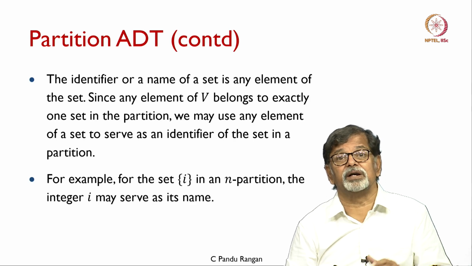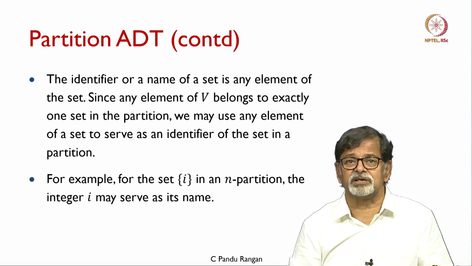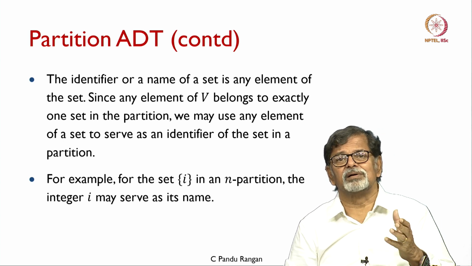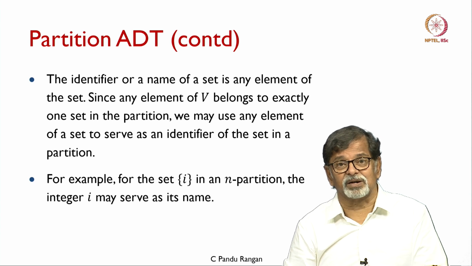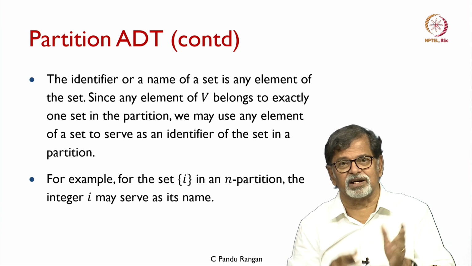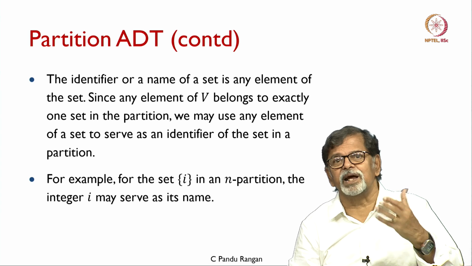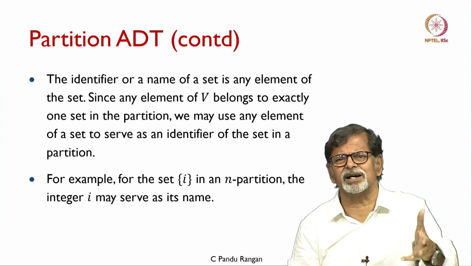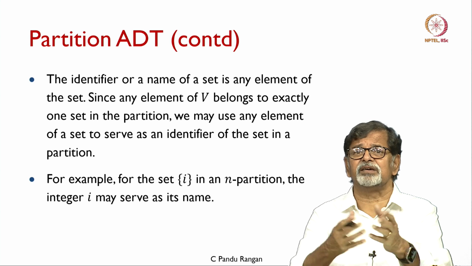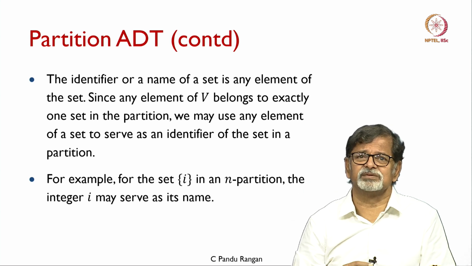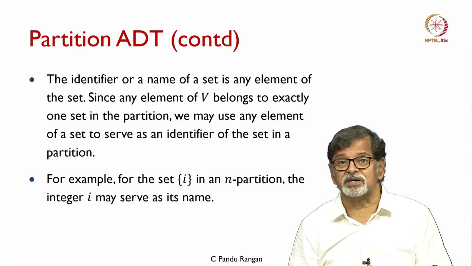Now, when you are maintaining a partition, you have to give a name for the set, because you have to identify which set it is. There are several sets. We need a naming mechanism. Name is just an identifier for an object. When there are several sets, how do you identify each set? So, here is a naming convention.